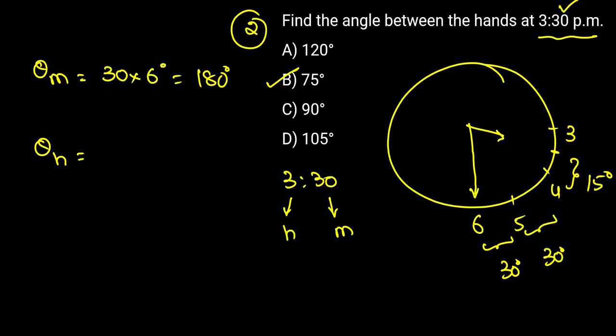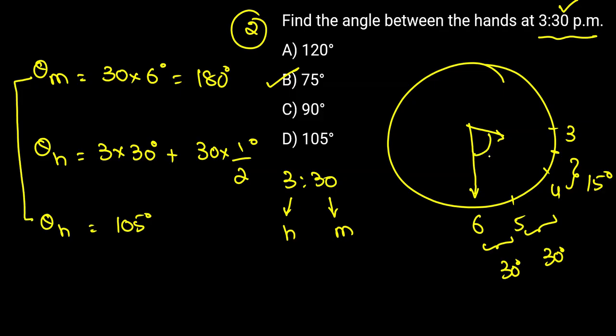Each hour is 30 degrees. 3 hours means 3 into 30, plus the minutes, 30 minutes. Each minute is half a degree, right? So then what will be the hour hand? 105. Now the angle between hands is what we want: the difference between the minute hand and hour hand angle, which is 75.